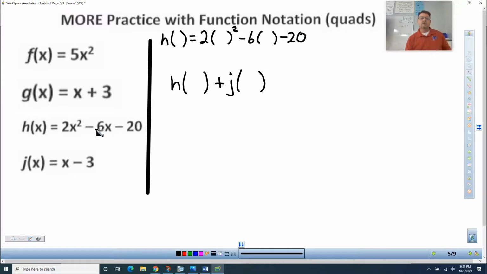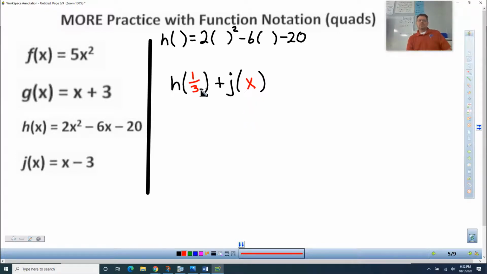Okay, all I did was write the h of x, but I wrote a bunch of blanks because, again, I'm trying to get you to think that way. Now, in our new problem here, I'm going to get real fun and make this 1/3. Everybody loves fractions, right? Fractions are our friends. And I'm just going to put a little simple x in for j of x, okay? So we're going to leave that part a little simple there.